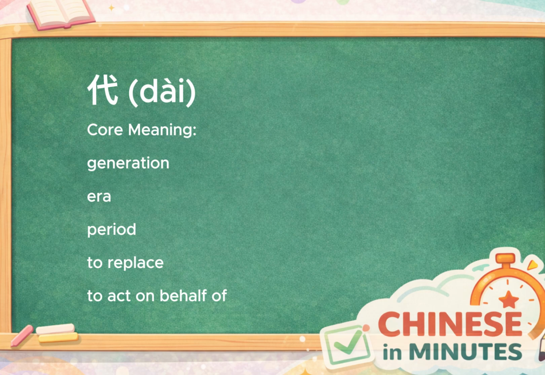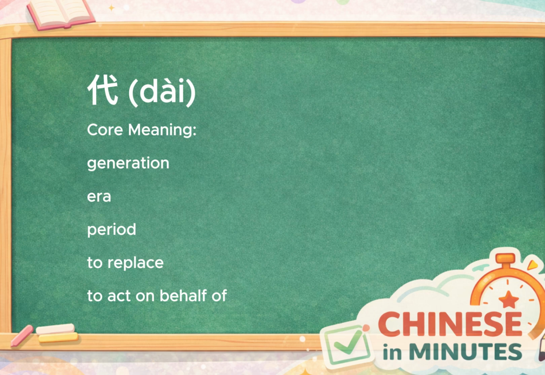Today, we're going to learn the Chinese character dai. Dai is one of those incredibly useful Chinese characters that appears in many common words. At its core, it carries two closely connected ideas. The first idea is a generation, an era, or a period of time.